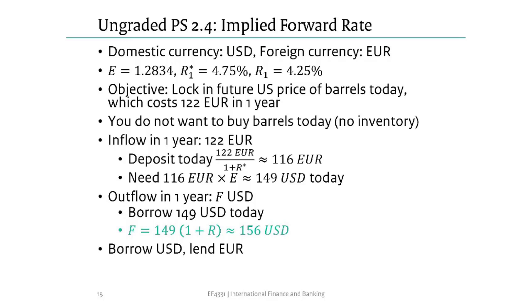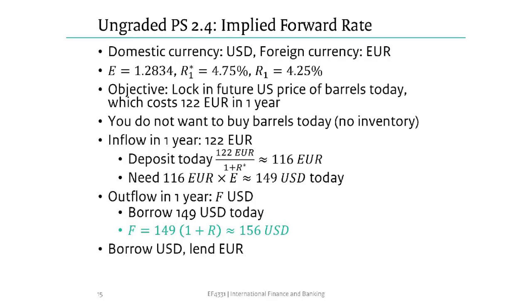Many reasons, because sometimes projects last decades. You may need to synthetically construct a forward contract or a forward exchange rate. And you can do this by borrowing at one interest rate and lending out in a different foreign currency or domestic currency interest rate. To figure that out, we go backwards.